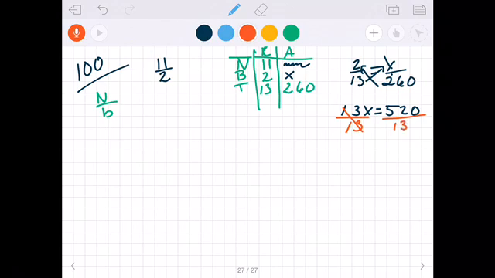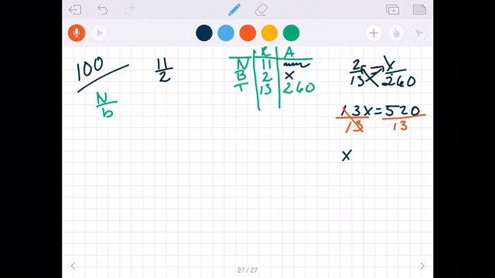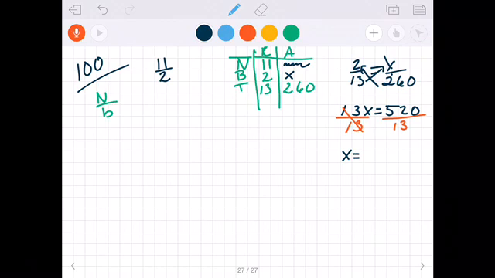And we find that x equals 40, because 4 times 13 is 52. All right, are we done? Not quite. We need to write that our units are bolts. We have 40 bolts.